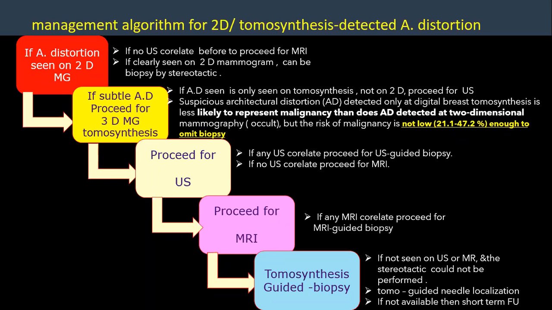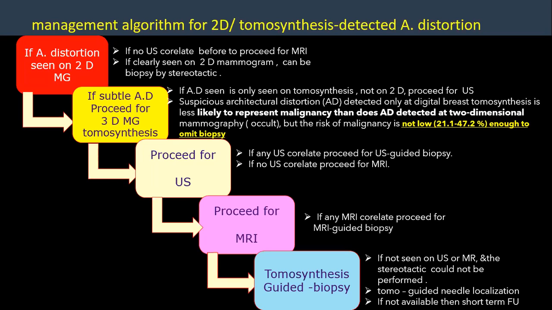If architectural distortion is seen only on tomosynthesis and not on 2D, we also have to proceed to ultrasound. This occurs when tomosynthesis is used as an adjunct to 2D mammography in the screening setting.